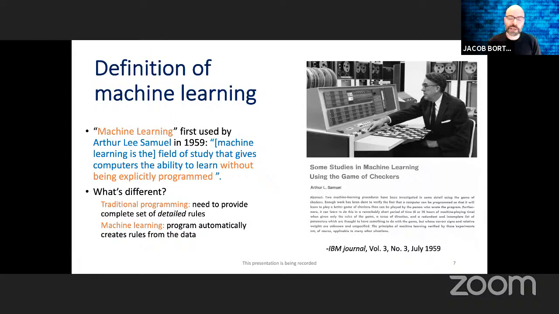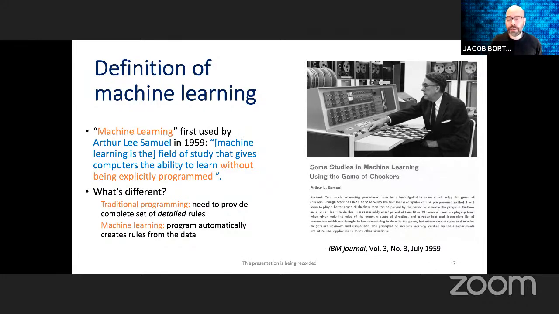In fact, his checkers playing machine went on to beat the Connecticut state champion in 1963, I believe. So this machine reached a high level of sophistication. And remember that computing was very limited at the time too. So an incredible feat.